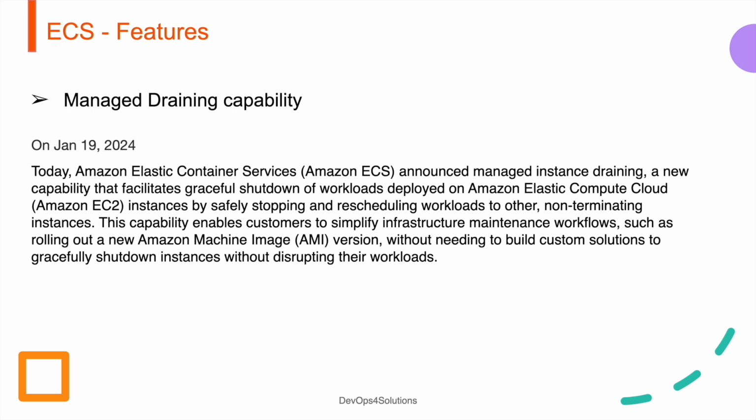So this is a major feature of the draining capability in ECS, which solves problems when an application needs to run 24 by 7 and you need to ensure that you are still compliant with all the AMIs and the patches on your EC2 instances on a regular basis.